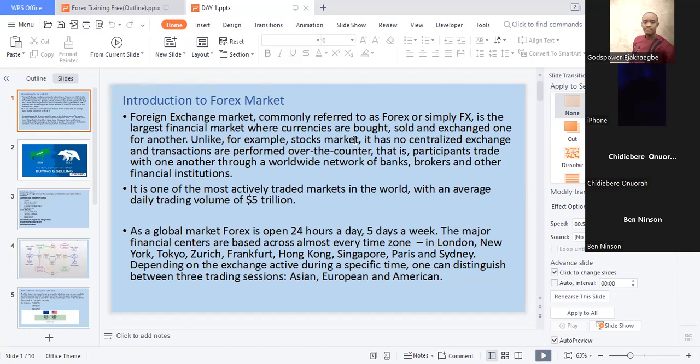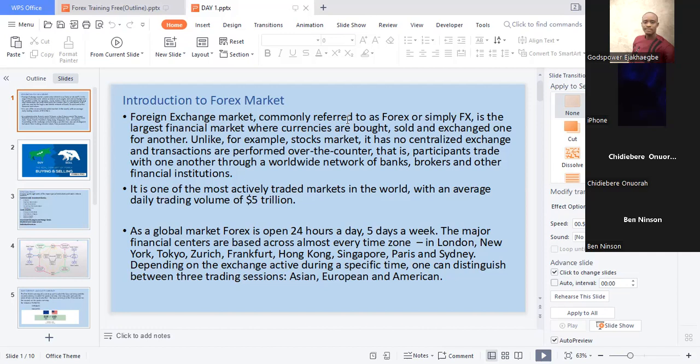It is one of the most actively traded markets in the world, with an average daily trading volume of $5 trillion. As a global market, it opens 24/5 a week. The major financial centers are Frankfurt, Hong Kong, Zurich, Paris, and Sydney, depending on the active exchange time.